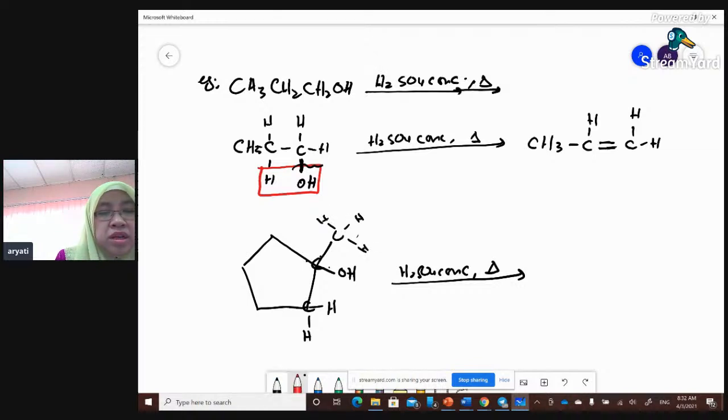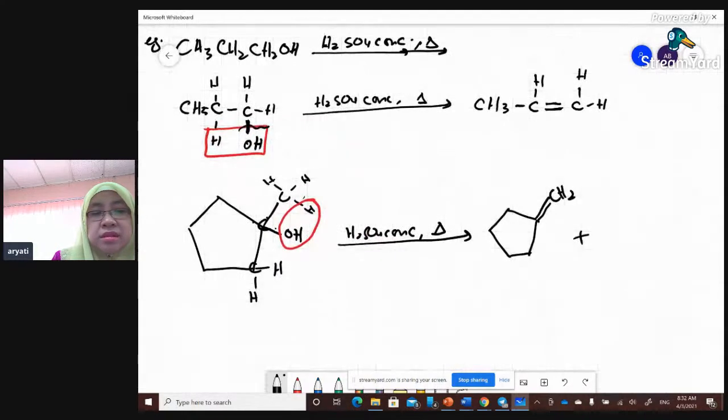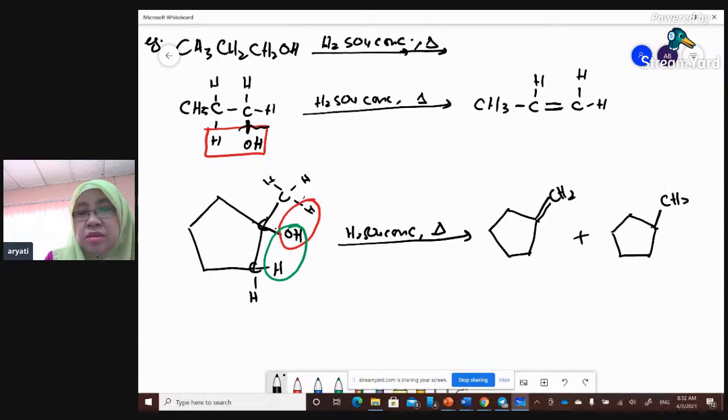So kalau dia remove H and OH from this adjacent carbon, so your product will be, so kat sini lah double bond dia. Ini jadi CH2. Okay, plus if you remove H and OH here, so your product will be ini CH3. So double bond will be formed here.